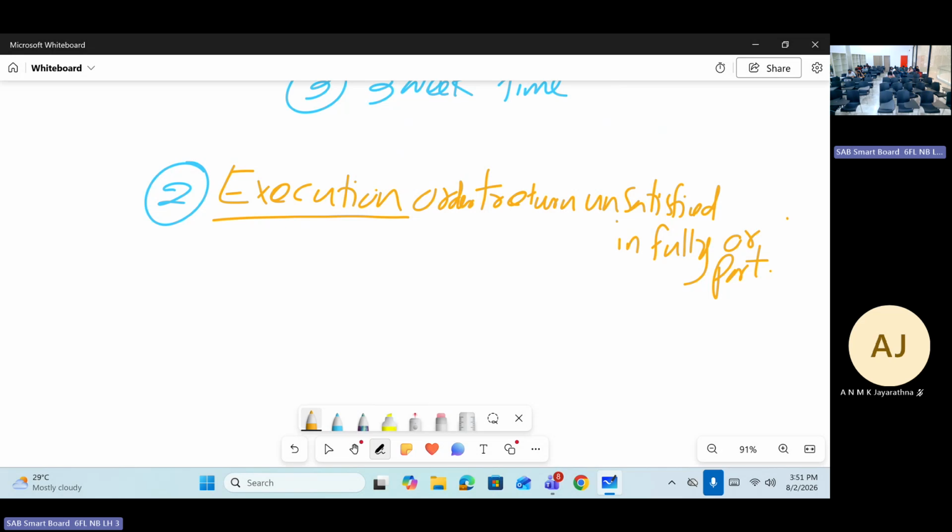Execution order means, now suppose the company and X, another party. They engage into a particular contract.